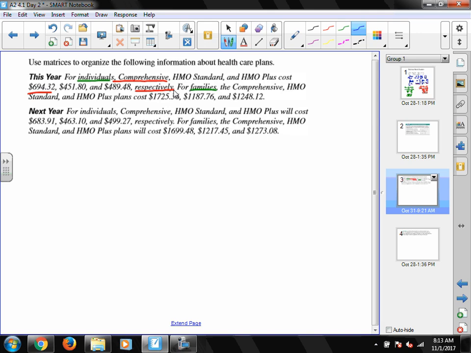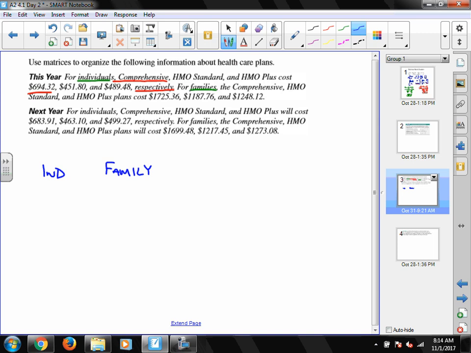So the two main things that we're comparing, I've highlighted in green there, individuals and families. So I'm just going to abbreviate individual to IND, and family is going to go up top.